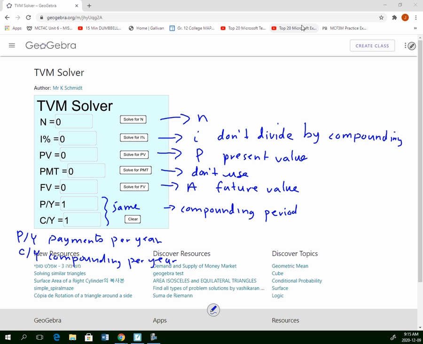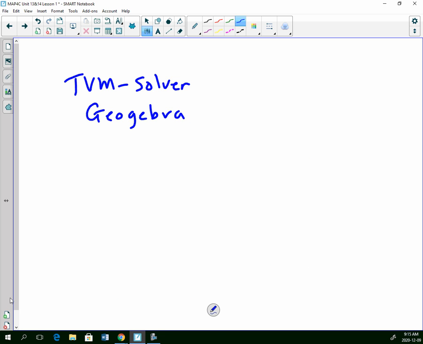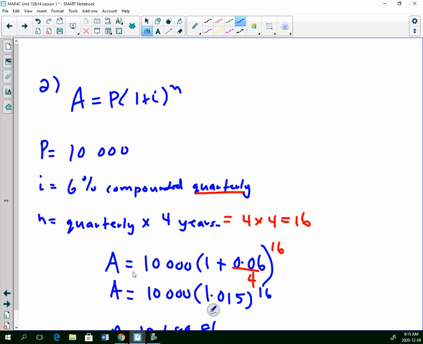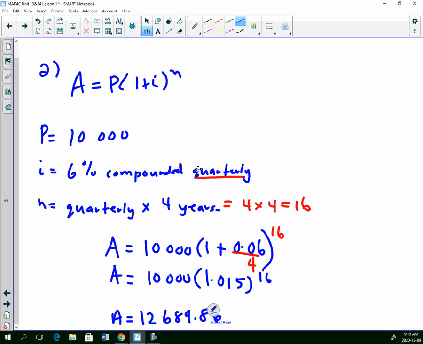Okay, so if we do that previous question, let's do question 2. So question 2, we invested $10,000 at 6% compounded quarterly for 4 years.